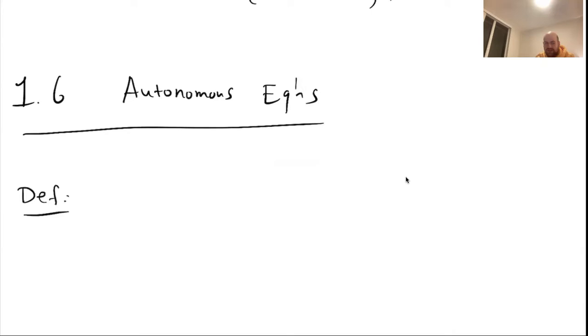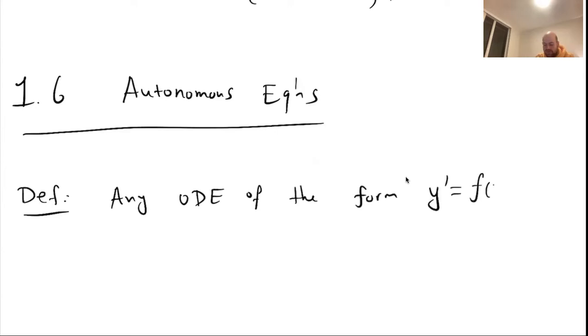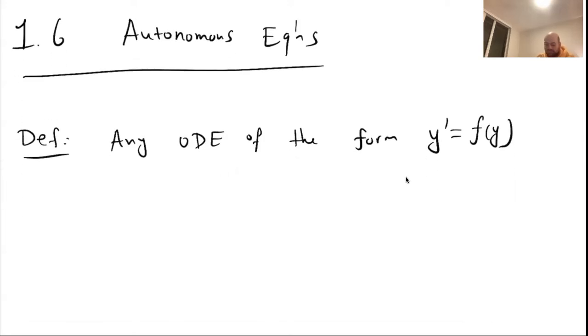Definition: any equation or any ODE of the form y prime equals f of y is called an autonomous equation. Any equation of the form y prime, or dy over dx, equals f of y.